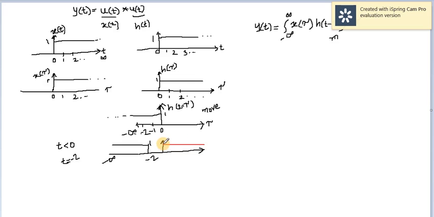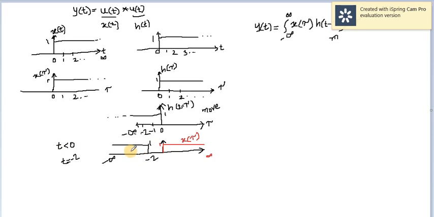This is our x of tau signal we are drawing, and the signal is running from 0 to infinity. Right now our h of t minus tau signal is on this side and x of tau signal is on this side.